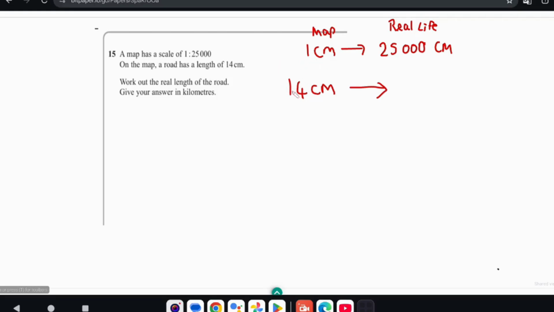So each centimetre on the map is 25,000 centimetres in real life. We have 14 centimetres on the map. Let's times that by 14 to get the amount of centimetres in real life.